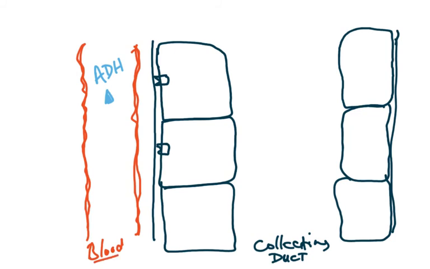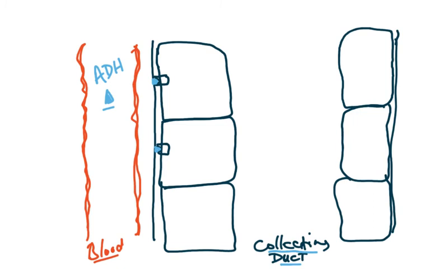The hormone ADH reaches the collecting duct, which will be the target organ. On the cell membrane of the cells of the collecting duct are signaling receptors, which ensure that the signaling molecule gets attached to them, because they have a complementary shape. So the ADH gets attached to the cells lining the collecting duct.